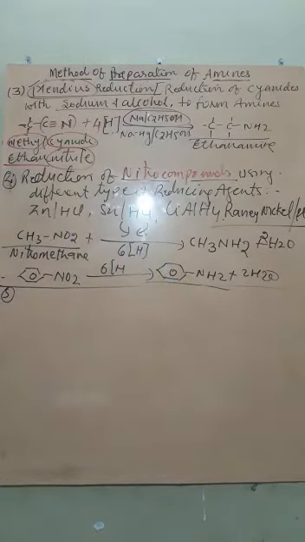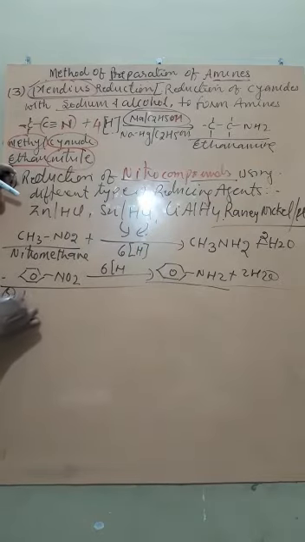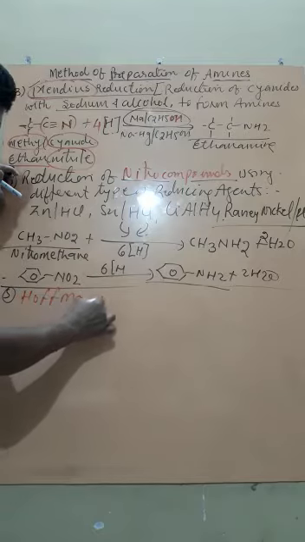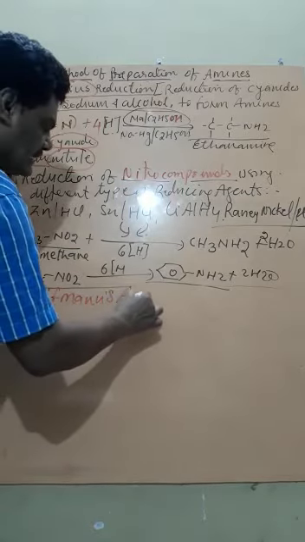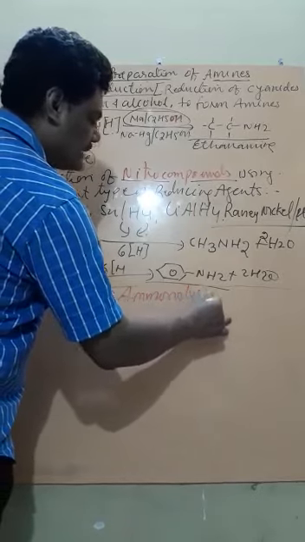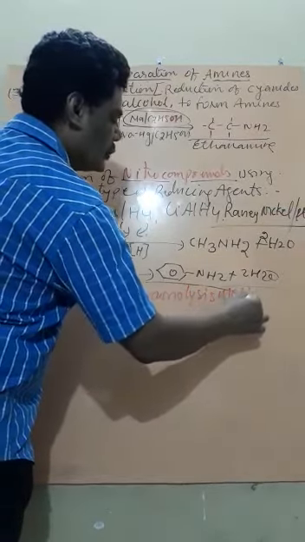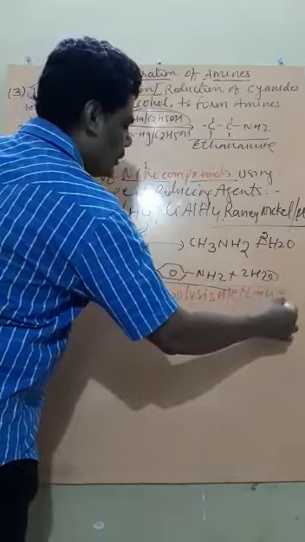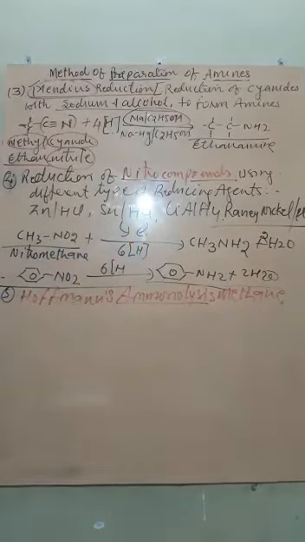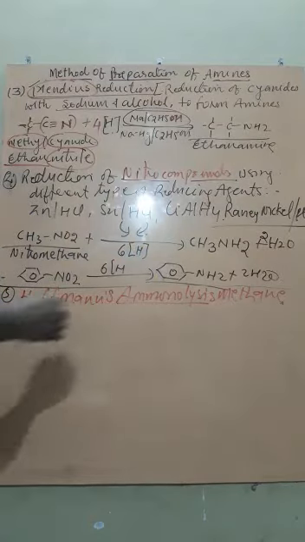Its name is Hofmann's ammonolysis method. Student, you know that in the nomenclature I told you the amines are derived from ammonia, therefore here it is ammonolysis.